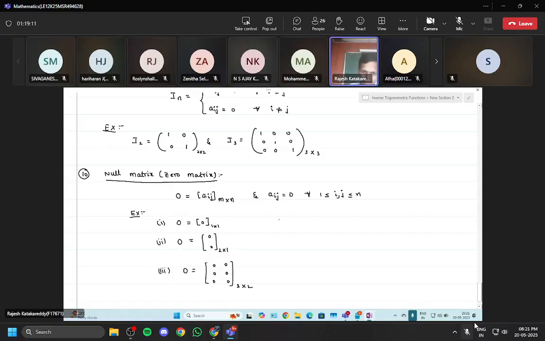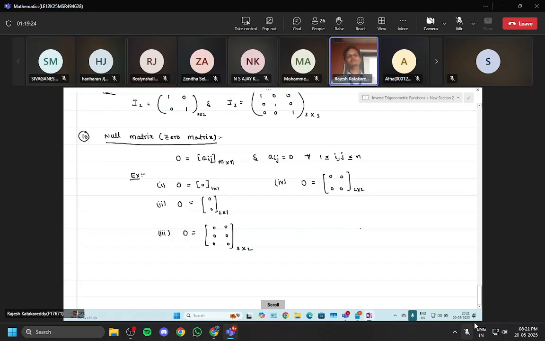These are all null matrices of rectangle type. This is a null matrix of square type. Done.